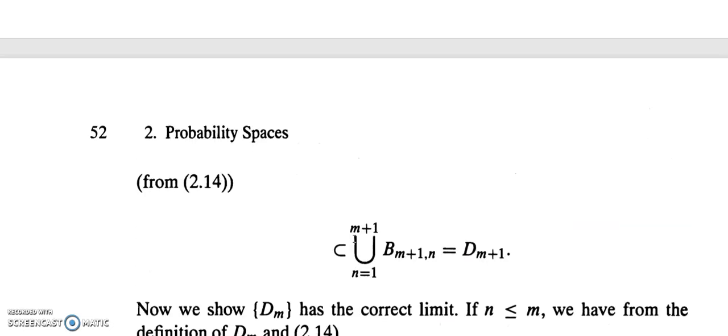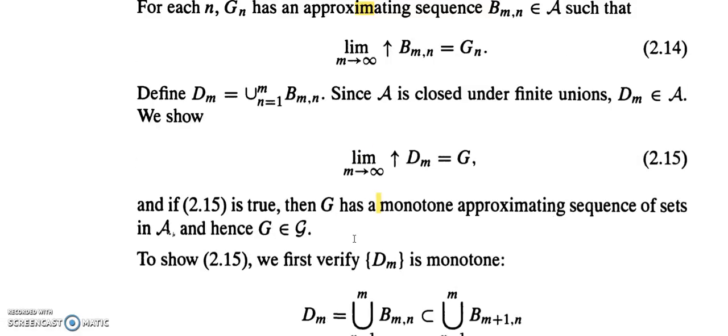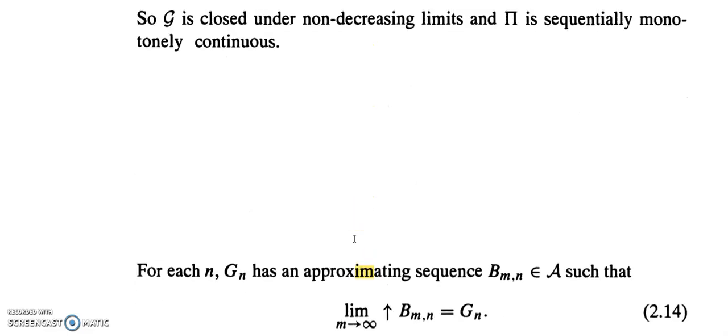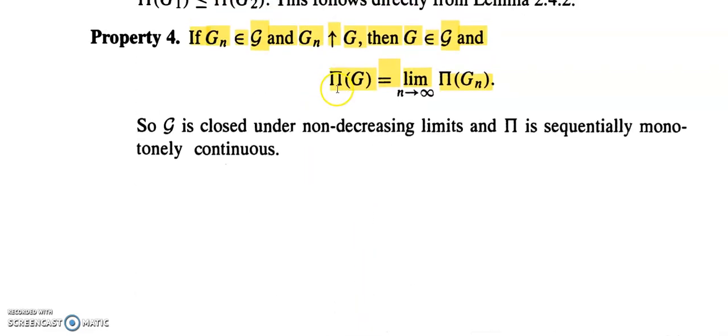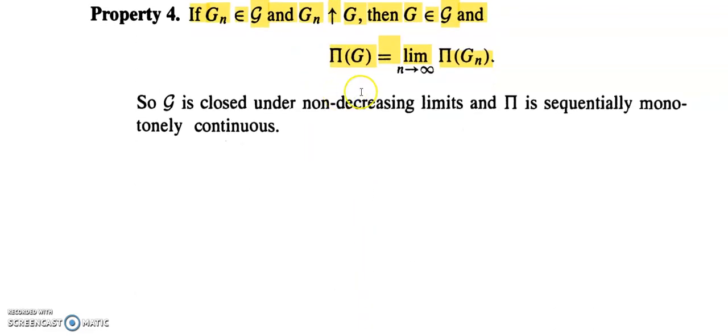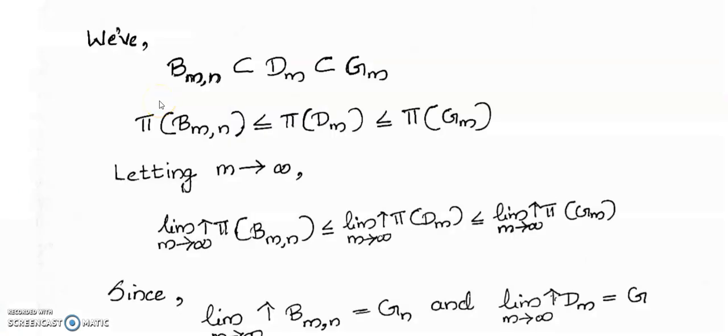Next we want to prove pi of G equal to limit n tends to infinity pi of Gn. That is, pi of limit Gn equals limit pi of Gn. We have from above Bmn is contained in Dm, which is contained in Gm.